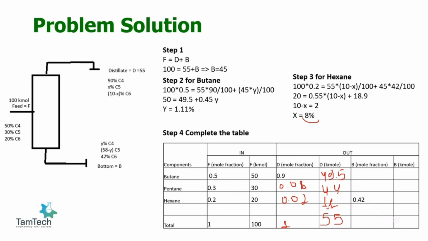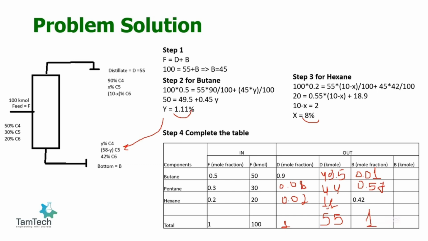Coming to the bottom product, we know only C6 from the problem statement, but we found that Y is equal to 1.1, and if we convert it to a fraction, I will round it and write it like this, 0.01. And for pentane, I will put this number here, and we'll find for pentane it will be like 0.57, and the summation of them, as you see, again will be 1.